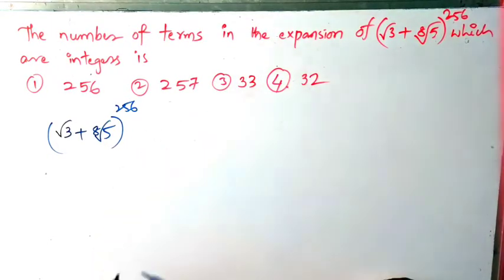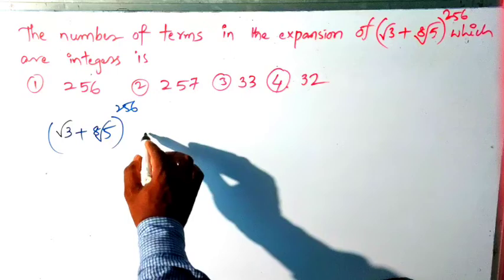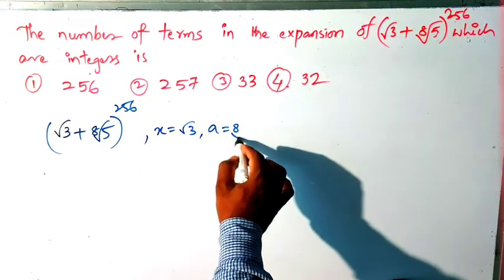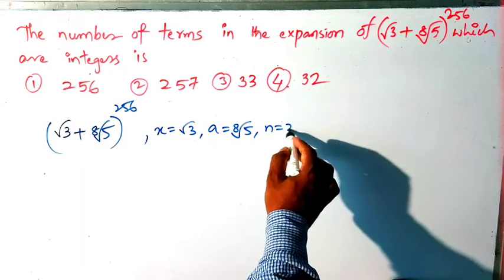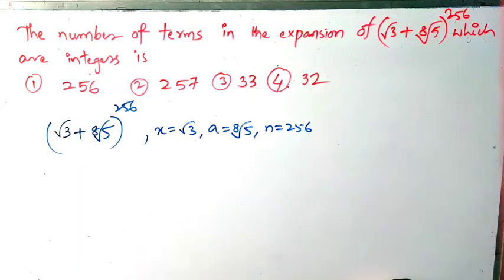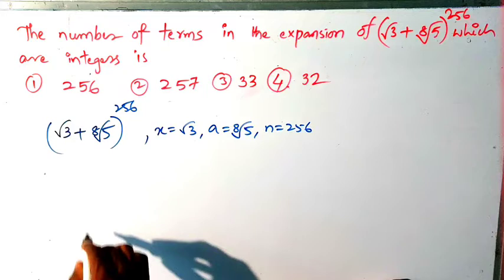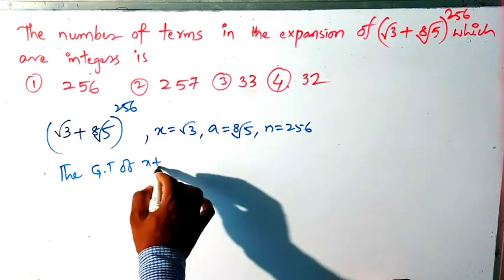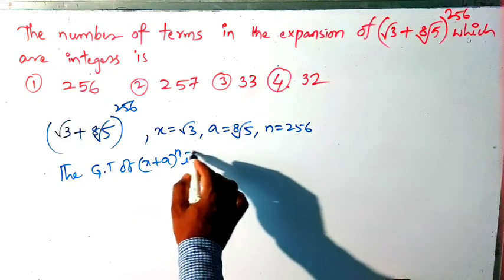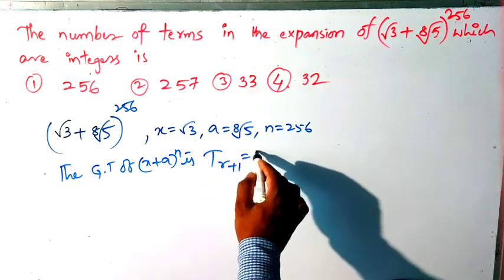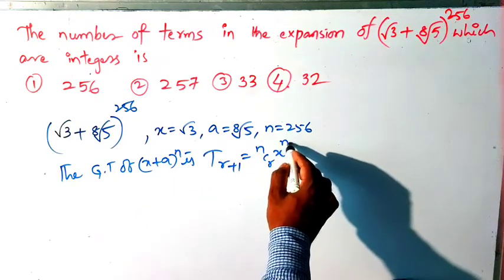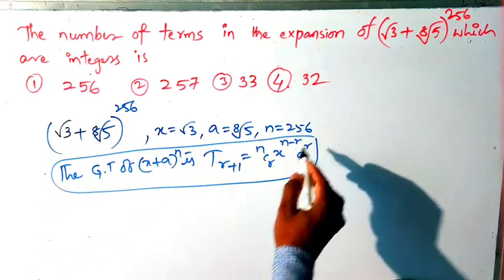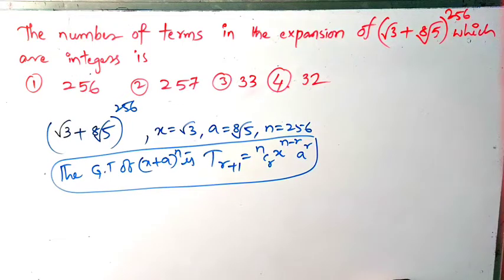Now here x equals root 3, a equals 8th root of 5, and n equals 256, so the form (x plus a) whole power of n is there. The general term of (x plus a) to the power n is T(r+1) equals nCr x^(n minus r) a^r. This is the general term of the given expansion.